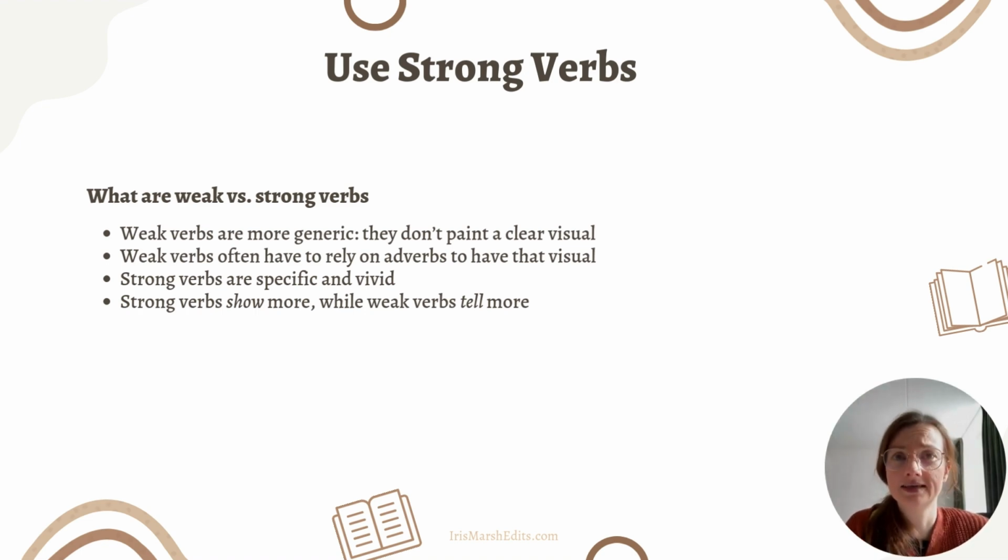So if instead you use strong verbs, you get something that's more specific and vivid. They create that clearer image in the reader's mind. So strong verbs, in other words, show more, while weak verbs tell more. So this is really one tool in your toolkit to show instead of tell.